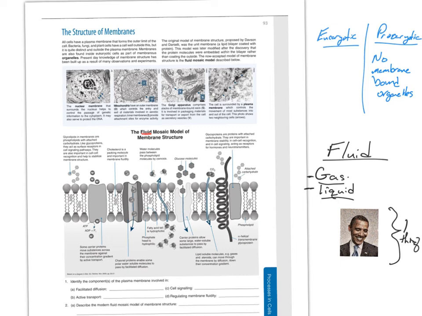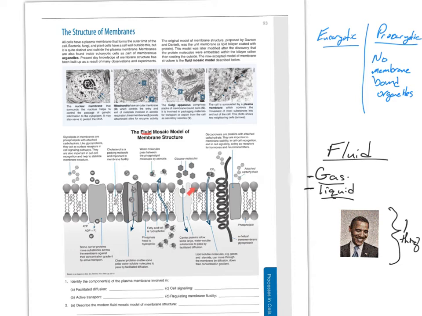So when we're looking at the plasma membrane, what we're seeing is that the plasma membrane is made of many things, but itself is one structure.